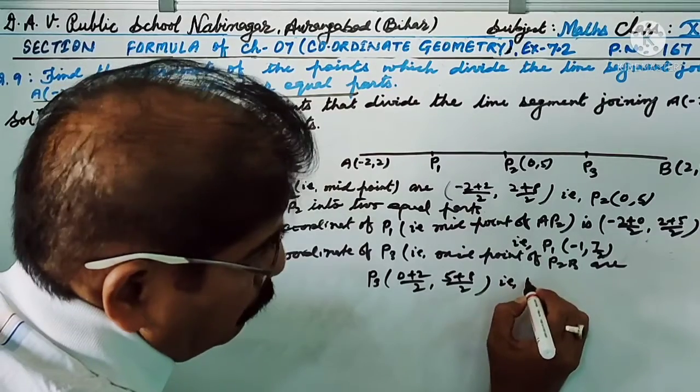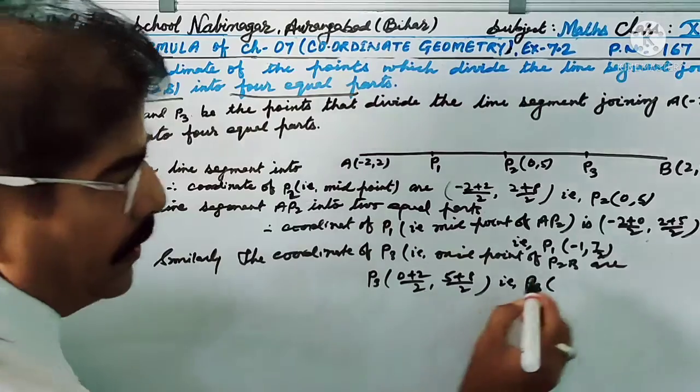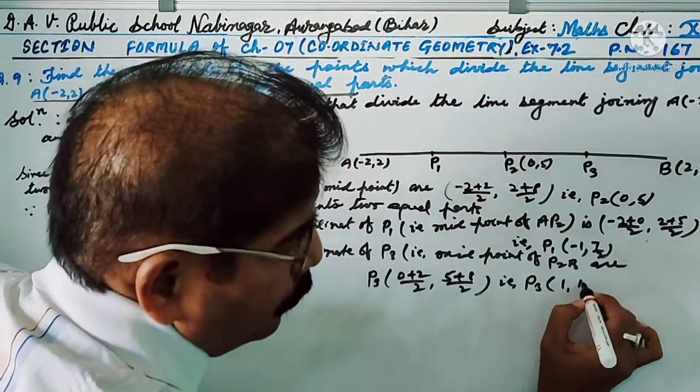That is, P3 equals (0 + 2 by 2 = 1, 5 + 8 = 13 by 2).